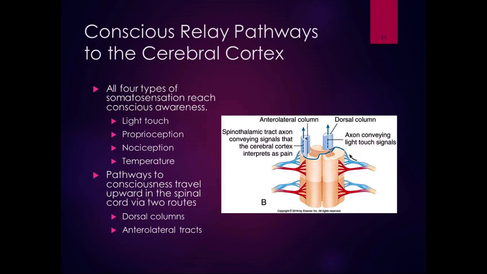Pathways to consciousness travel upward in the spinal cord via 2 routes: the dorsal columns of the spinal cord and the anterolateral tracts. I like this picture because it has the spinal column, and it shows you those little blue projections of where the dorsal column is and where the anterolateral column is.